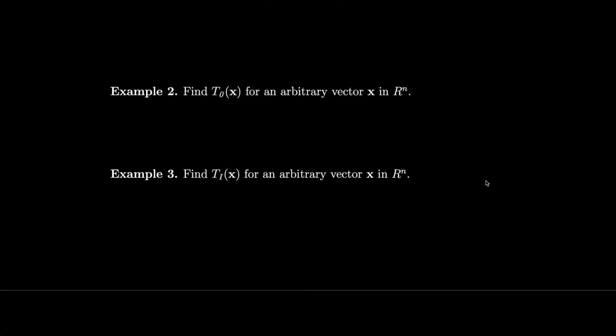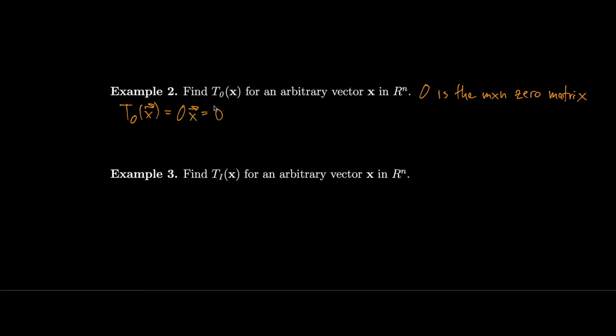Let's find T0 of x for an arbitrary vector x in Rn. So remember, 0 is the m by n zero matrix. So T0 of x is just the 0 matrix applied to x.